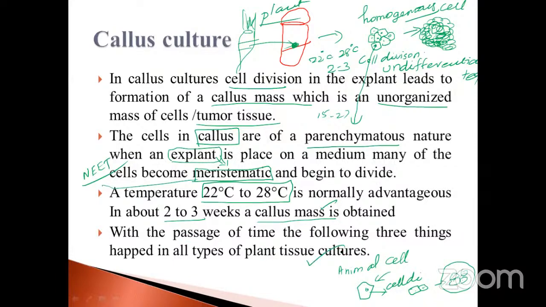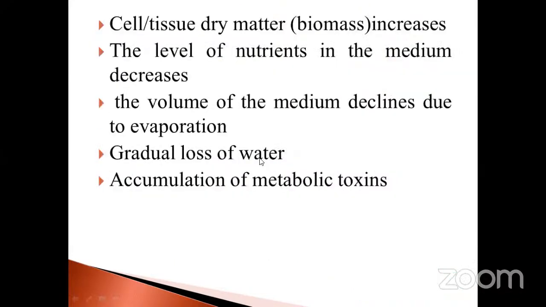What are the physiological changes which occur within the test tube? Three things have been reported. Okay, my dears, see one by one. First, cell tissue dry matter and biomass increase. What is the meaning of biomass?